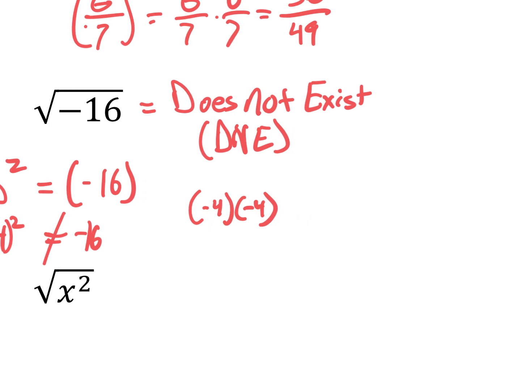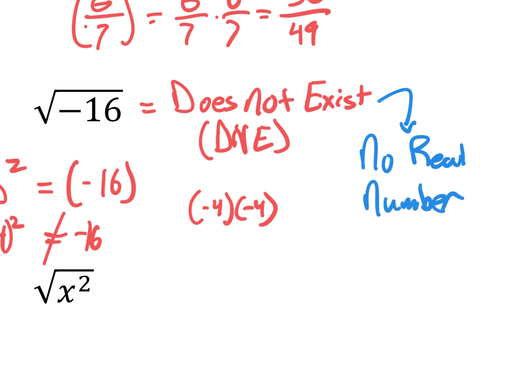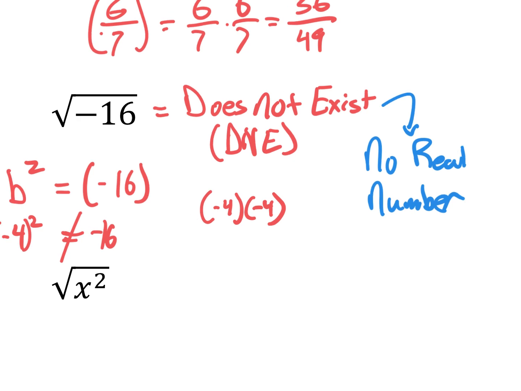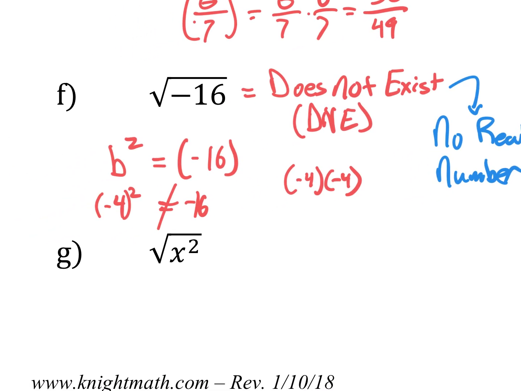Sometimes we also say that there is no real number that we can square to get negative 16. But for this class, most of what we're going to be saying is does not exist. Okay.